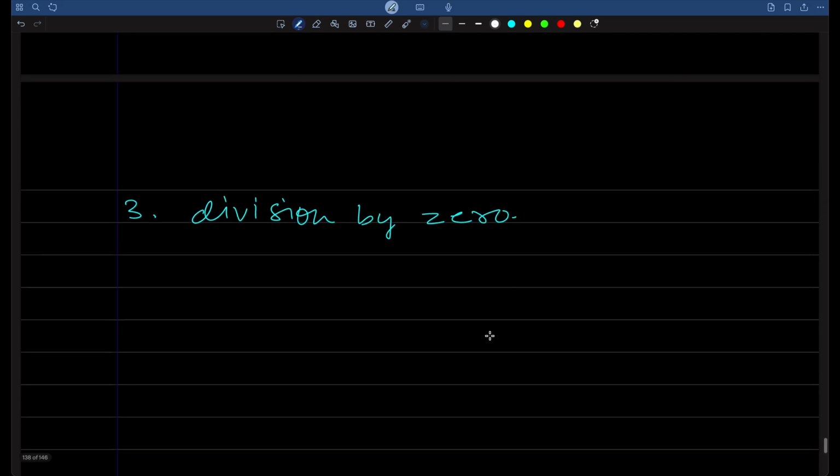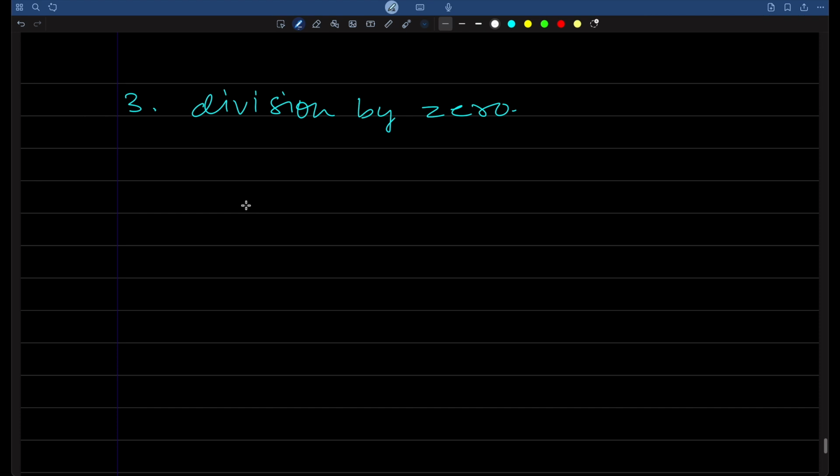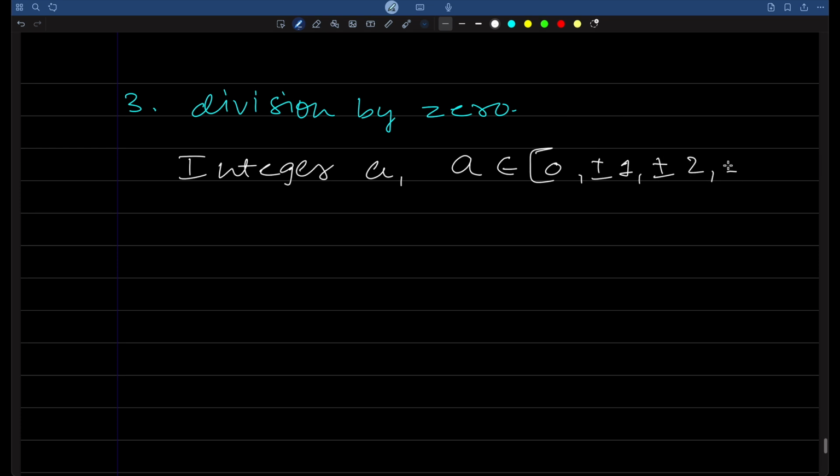Now let's see the next property, that is division by 0. If we take any integer a, that is, a can be one of 0, plus or minus 1, plus or minus 2, plus or minus 3 and so on, then a divided by 0 is undefined.